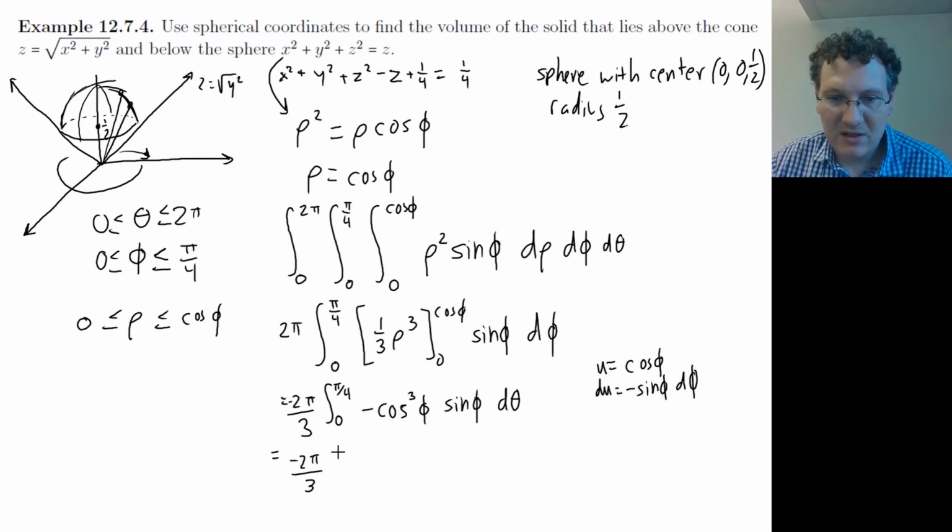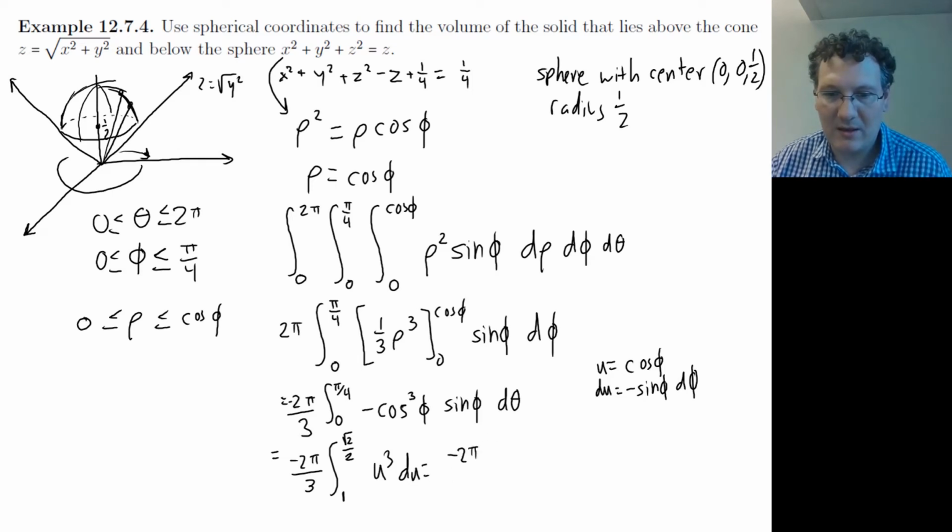The lower bound is going to be the cosine of 0, which is 1, and the cosine of pi over 4 is root 2 over 2. And then what we have is just u cubed du, right?